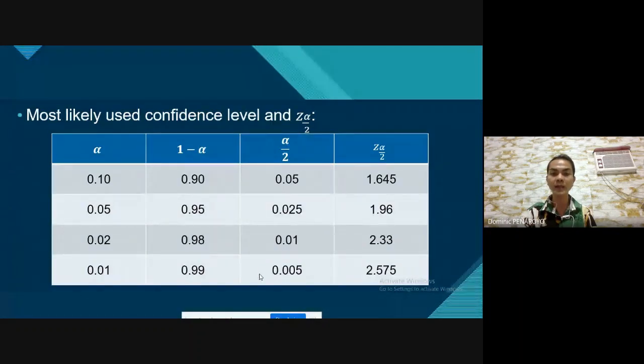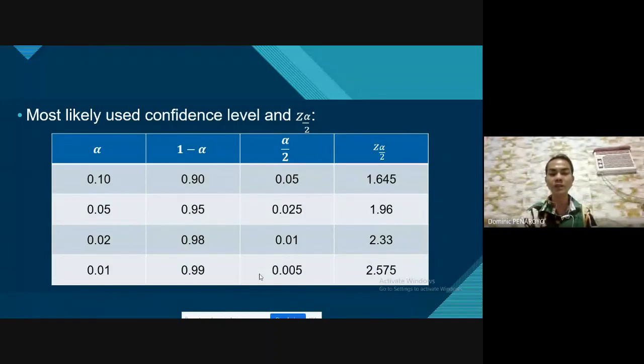So 1 minus the total area of the tail, 1 minus 0.10, that's 0.90. That's why we have 90%. For 95%, 1 minus 0.05. 1 minus 0.02, that's 0.98 or 98%. And 1 minus 0.01, that is 0.99 or 99%.